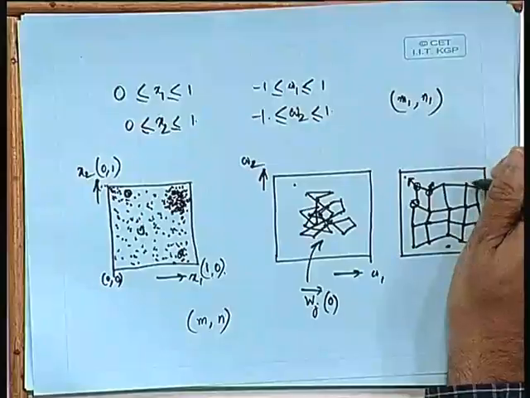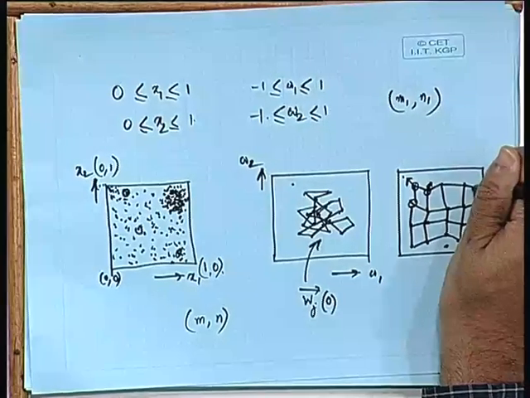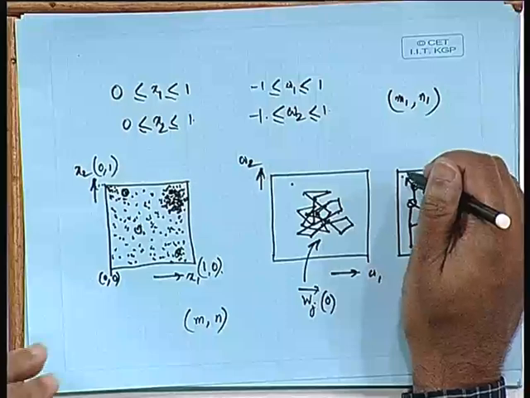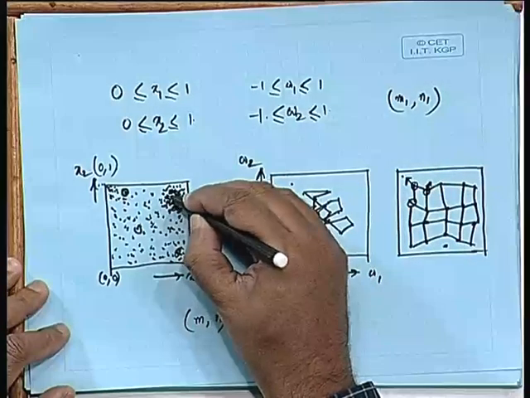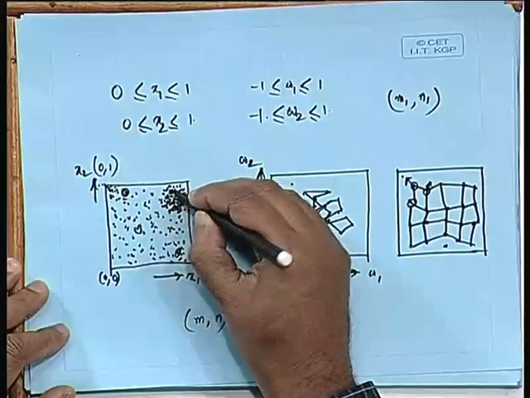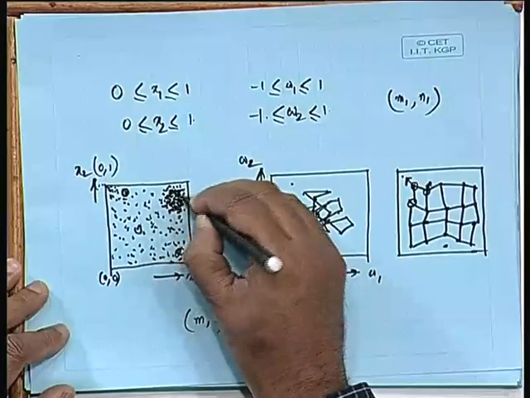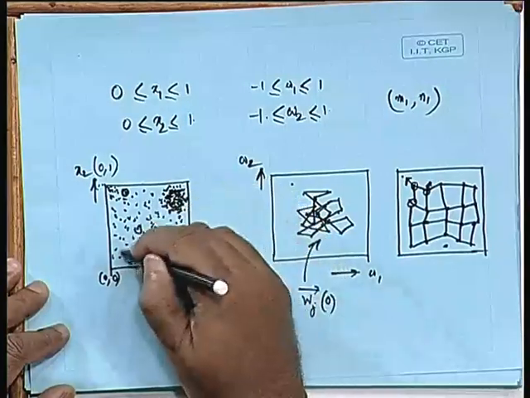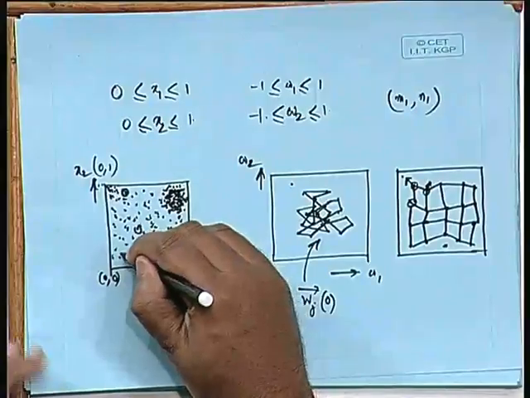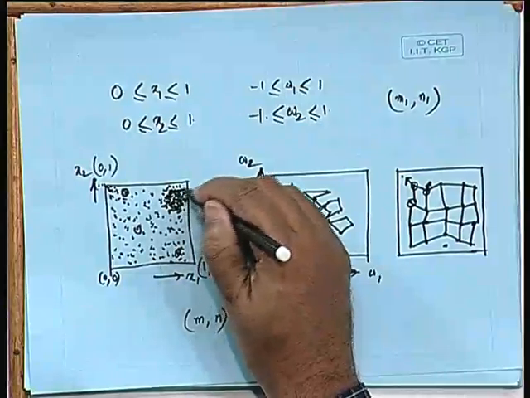That means that even for the neurons, when we find out the topological arrangement, we will find that the ultimate neuron positions will have more resolution in this area as compared to the neurons located in the sparse region. Perhaps in this region only one neuron will be sufficient to resolve, whereas here maybe 4 neurons will be required.